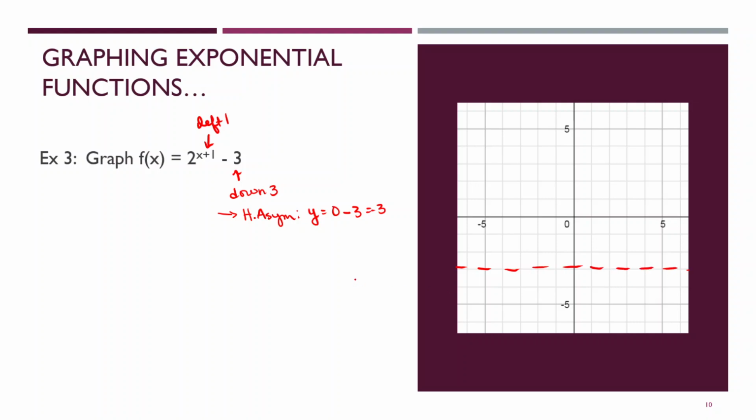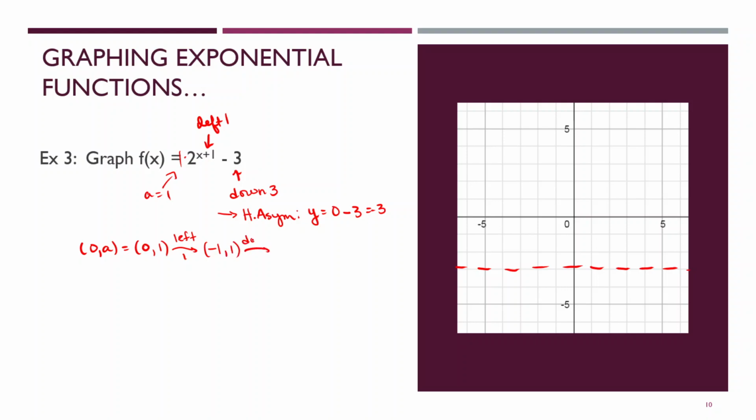We said they start by going through the point 0, a. Well, in this particular place, the a is 1, right? So this goes through 0, 1. Then we move it left, and so that would be at -1, 1.